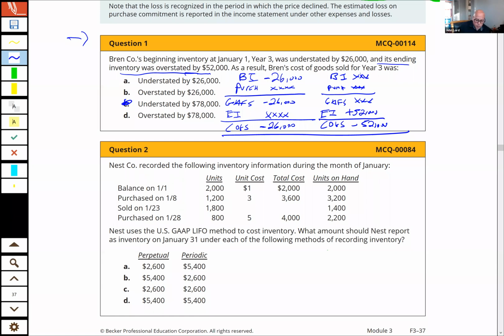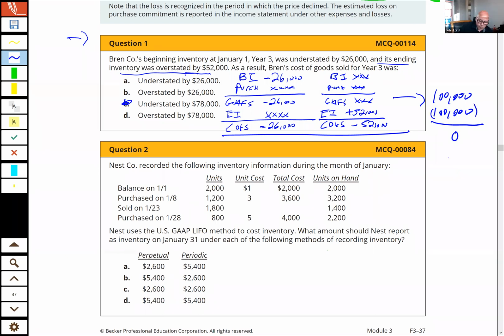if my goods available for sale was 100,000, let's say, and my ending inventory correct balance was say 100,000, then my cost of goods sold would be zero, right? Yes, Professor.